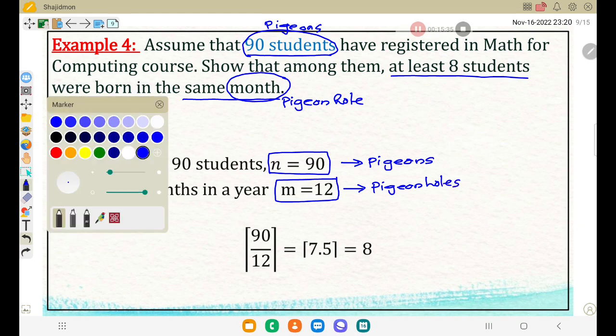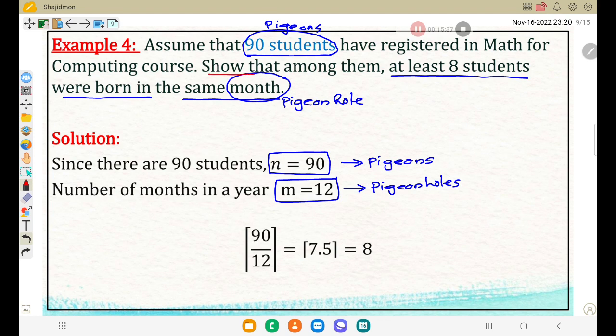Now what is our question actually? We need to verify that among them at least 8 students were born in the same month. That means for one of the months, 8 students were born in that month. That is what we need to verify here. So we can do this question.